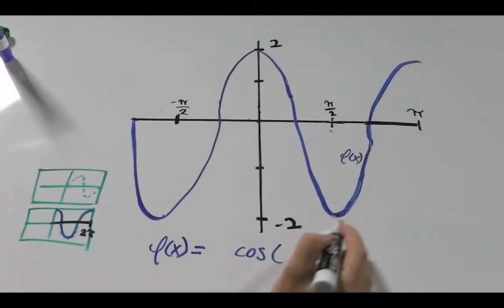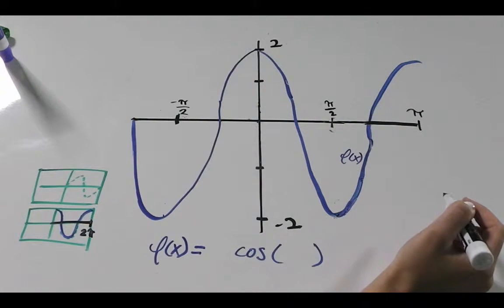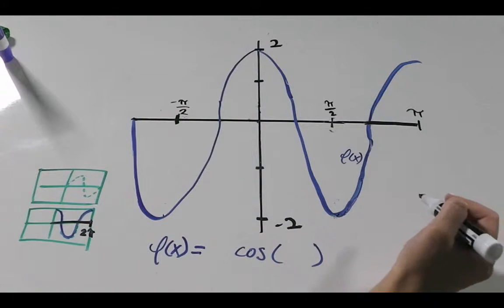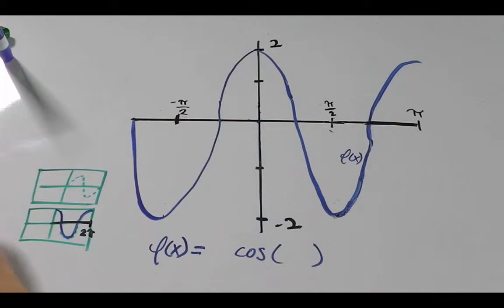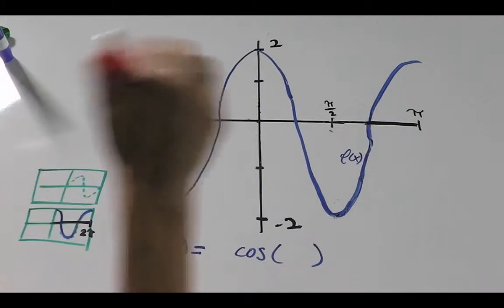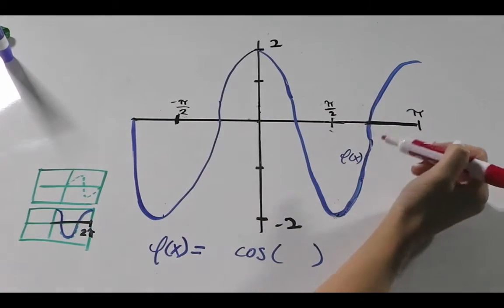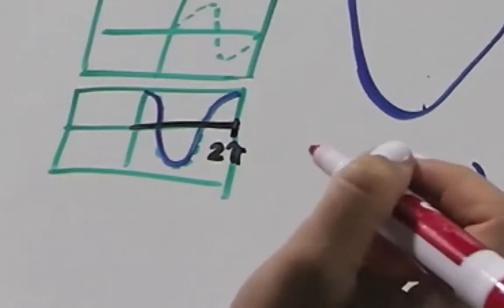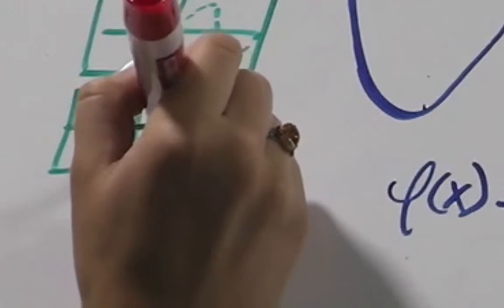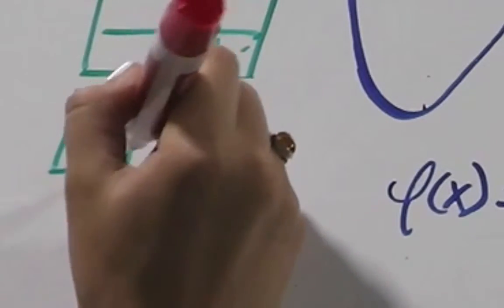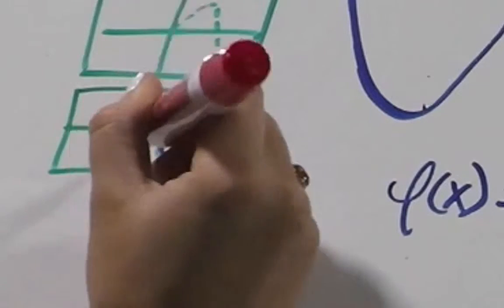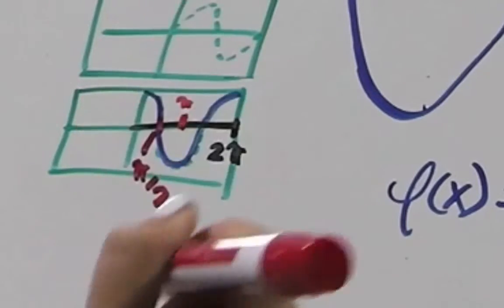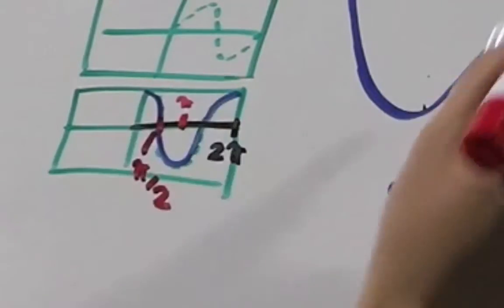So how do we represent that when we're talking about our f of x function? Well, let's think for a minute. If we were to plug in some value of x, say x is equal to a half, into a regular cosine function, that would get us to where? Well, here's pi, so half pi is right there. That is pi over 2. It takes us a quarter of the way through.